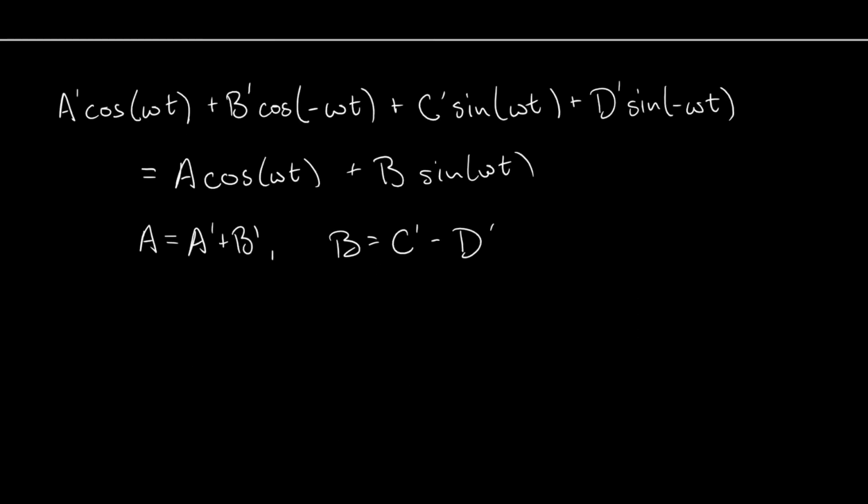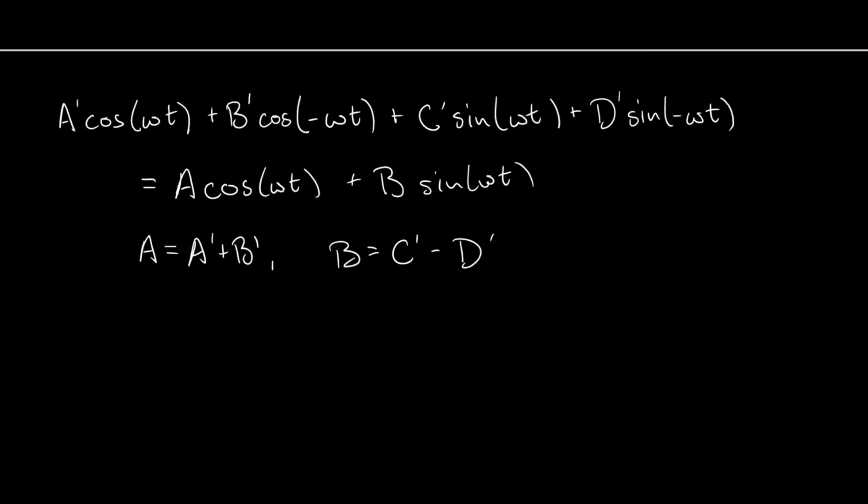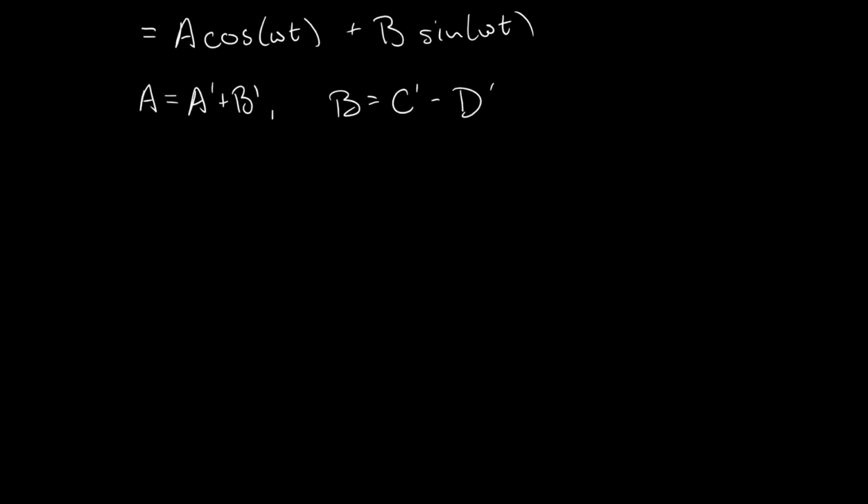So, going back to our solution, remember that I'll write this for one of our normal modes. That's what these are. These are just normal modes, just like for harmonic oscillators.